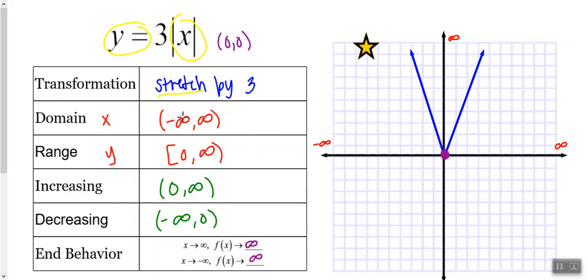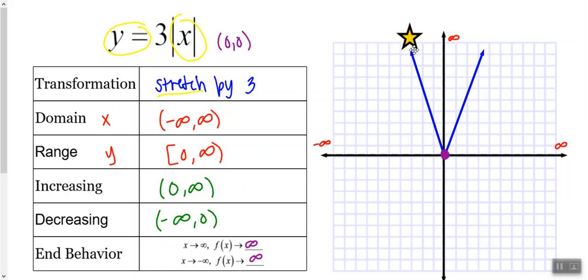Domain, I said negative infinity to positive infinity because this graph's going to go all the way to the left and all the way to the right. Range is 0 to infinity because the farthest down it goes is 0, and it will keep going up forever, which is infinity. Now, increasing and decreasing, I'm going to go through with the star.